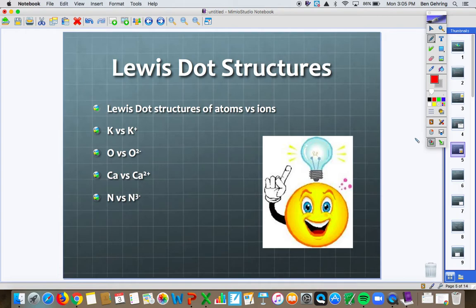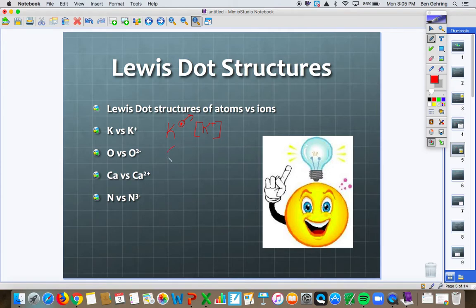Here are some more Lewis dot structures. So atoms versus ions. If I'm drawing a Lewis dot structure for a potassium atom, I'm going to have K here, and it's got 1 valence electron, which is found right there. If I'm looking at a potassium ion, we're going to put ions in brackets. I'm going to put K, and because potassium is going to lose that 1 electron, it's going to have a positive sign.